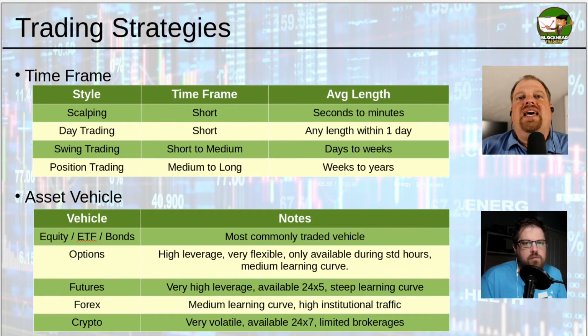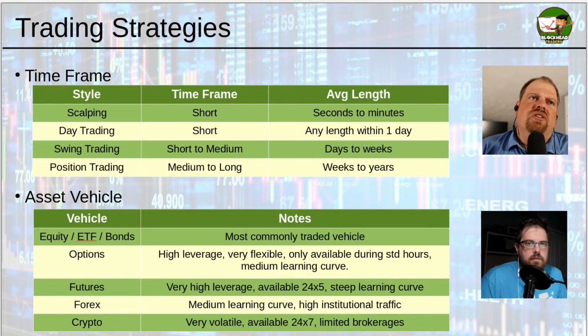And those are a collection of different stocks or particular types of assets that form a cornucopia of representation in that particular investment. Both equities and ETFs really fall under the time frames that we listed above. You can scalp them, you can day trade them, you can swing trade them, you can position trade them.